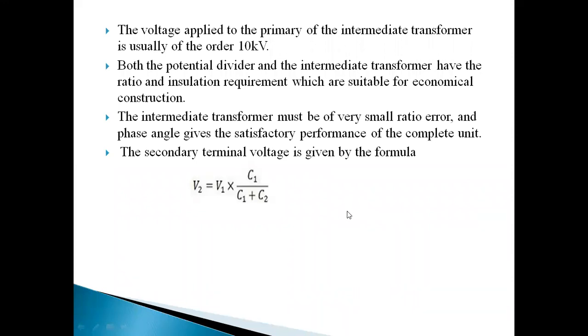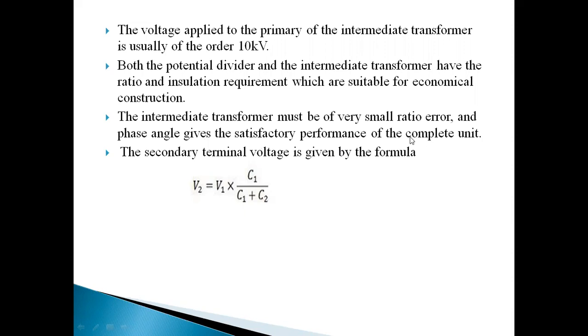There should not be error, or it should be very small, and the phase angle gives satisfactory performance of the complete unit. When we are using the capacitors, that's why its phase angle is giving satisfactory performance.